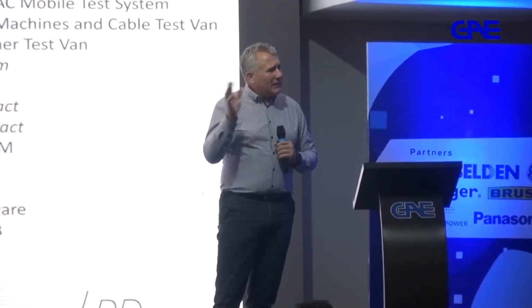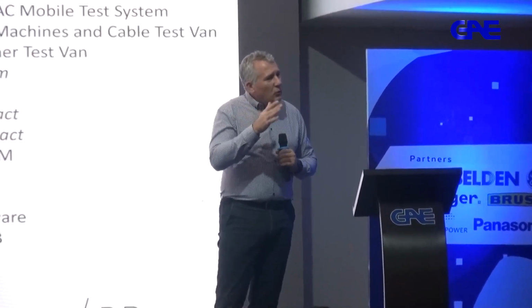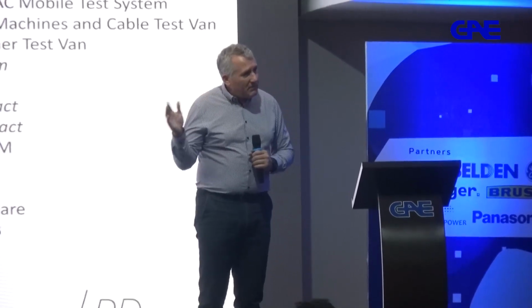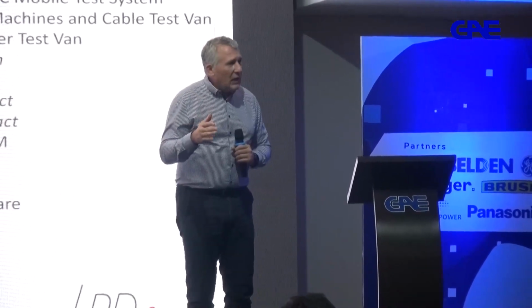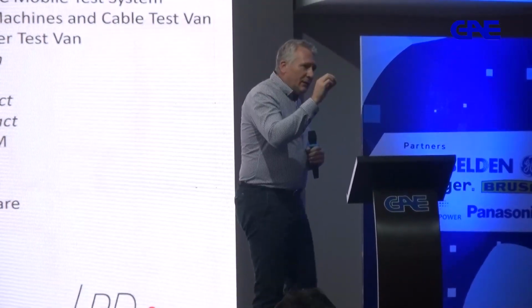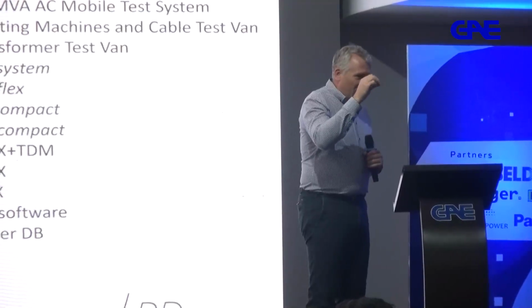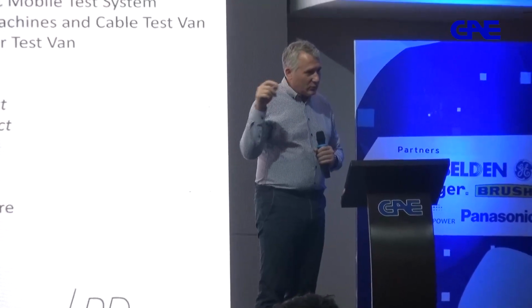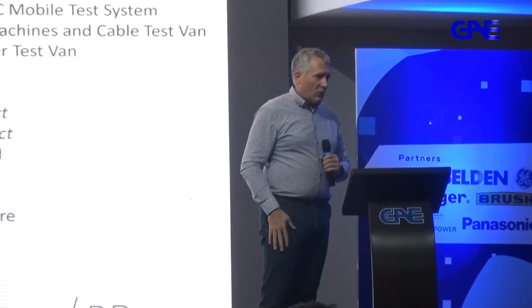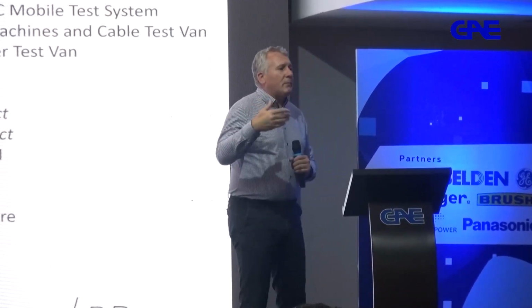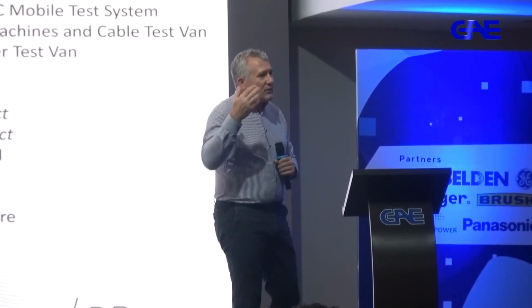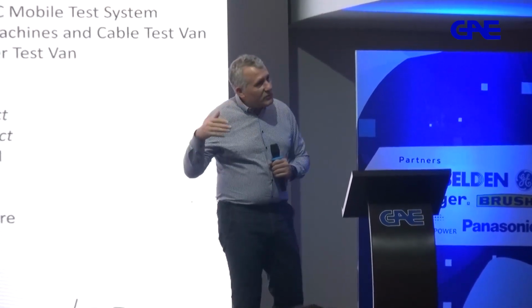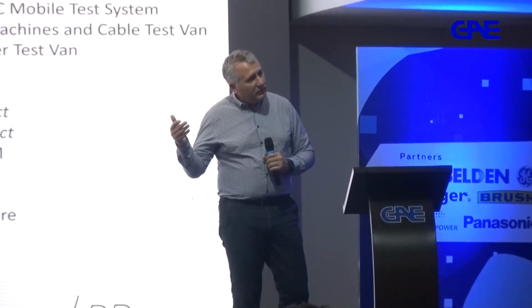But ultimately, when you measure UHF, you measure in dBm or dB microvolt. When you measure the movement of these electrons up to 1 megahertz based on the IEC 60270, you measure in picocoulomb. For instance, you will never measure in picocoulomb in the case of a GIS system. There you measure in dB microvolt.